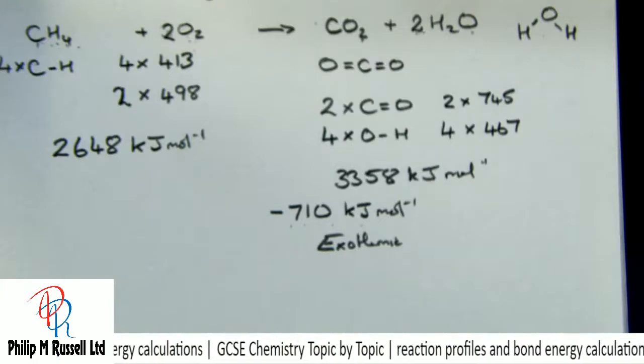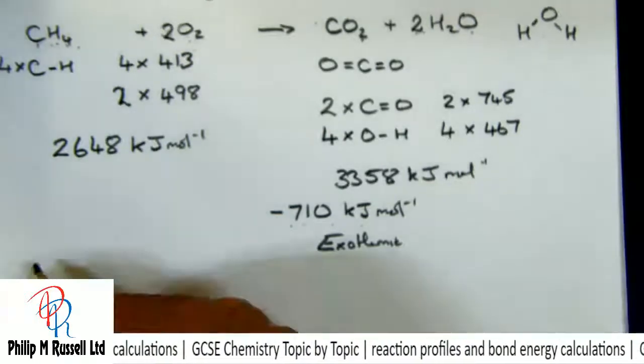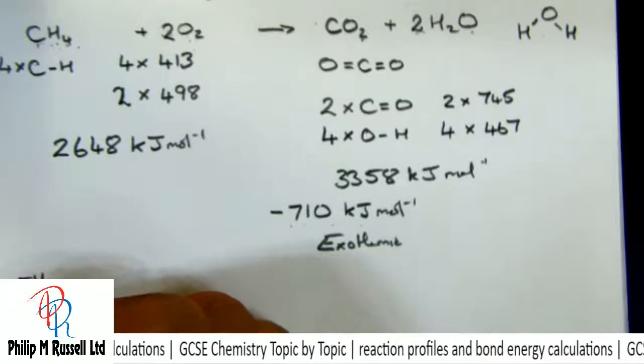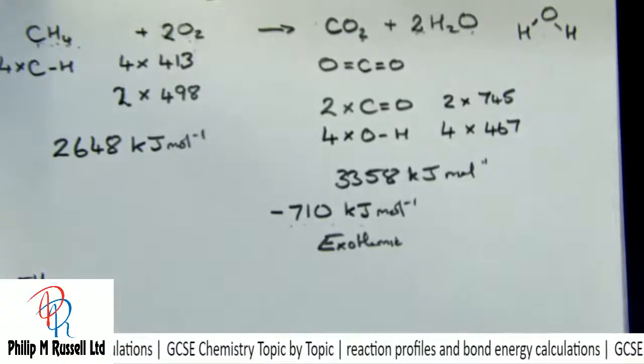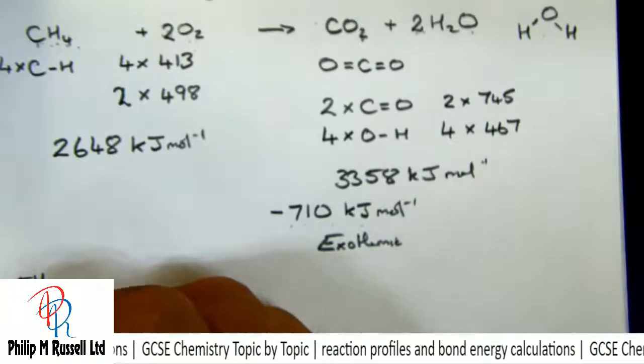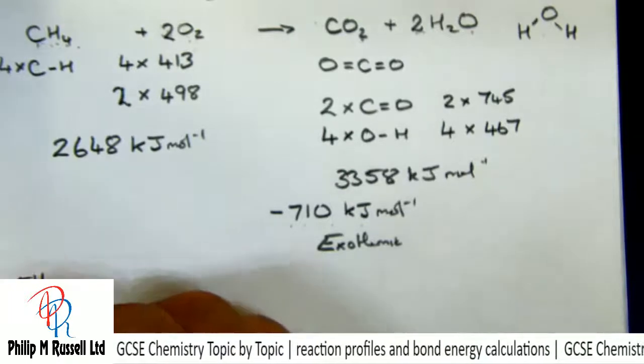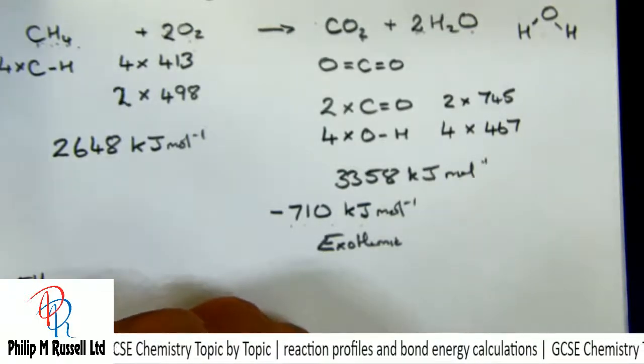Well, let's just look at another substance, and we're going to have a look at ethane. Now, ethane's not very different to methane. We've got this carbon-carbon bond as well.